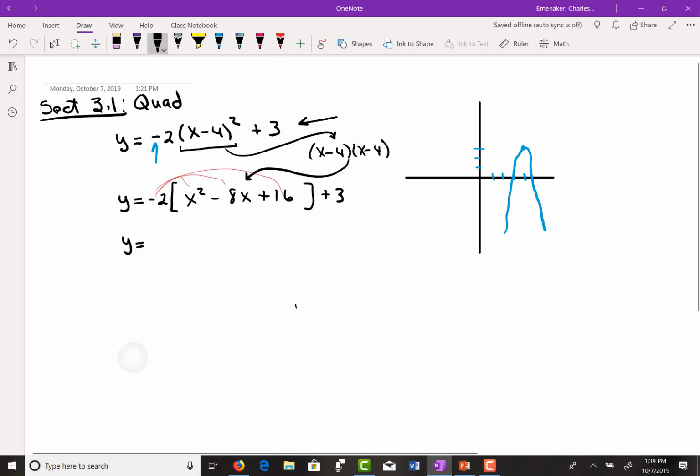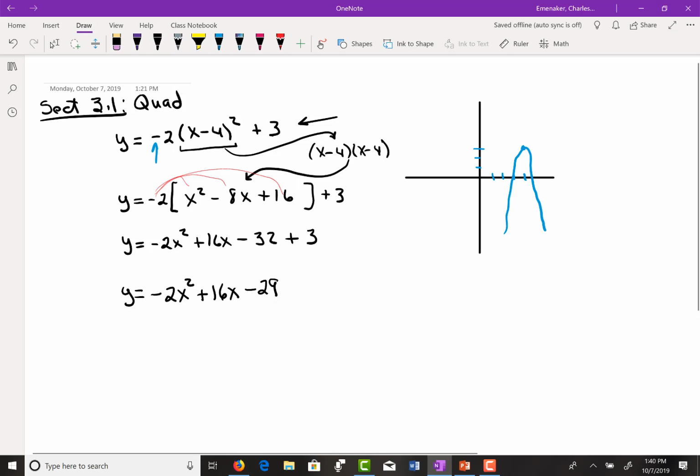So it's going to give us a negative 2x squared plus 16x minus 32 plus 3. Is that looking closer to done? Which will then give you y equals a negative 2x squared plus this 16x minus 29.